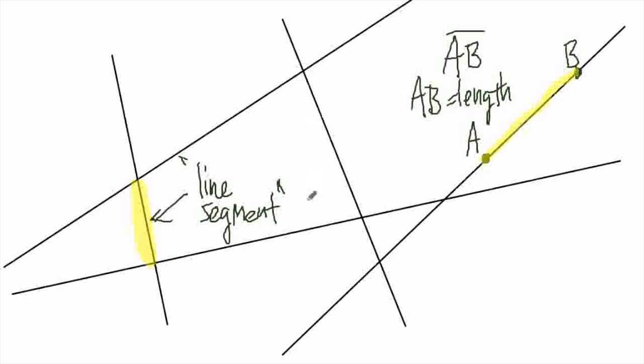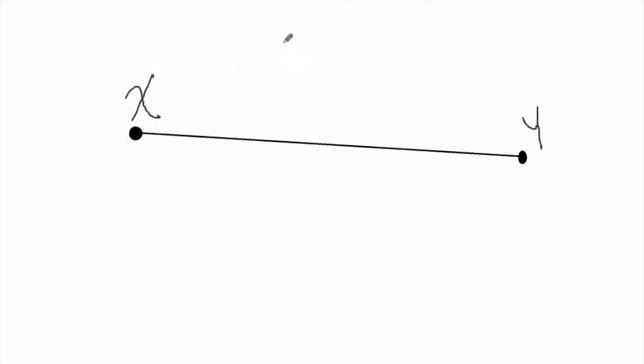Okay, so moving on. Now, let me put an example of a line segment here, and I'll label some dots to give the endpoints. Let's call this one point X and point Y. So we're talking about line segment XY. Now, suppose that I identified the point that was right in the middle of the line segment.